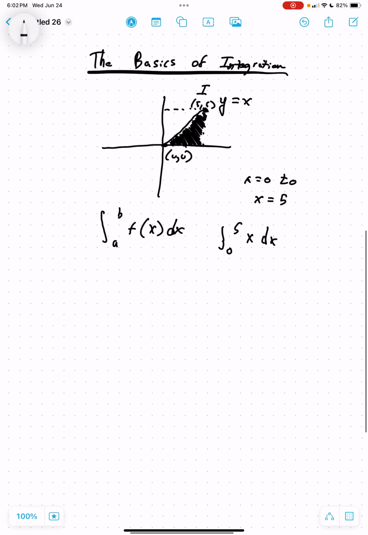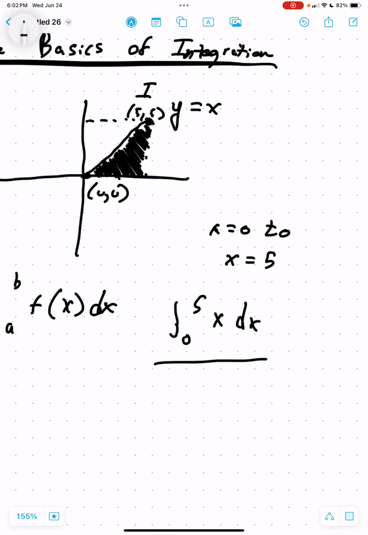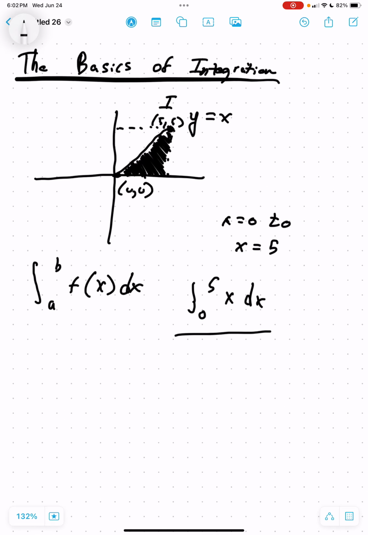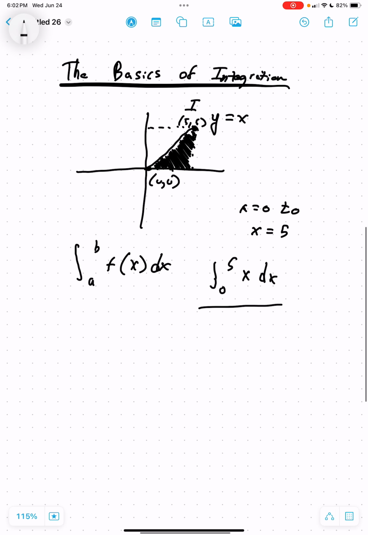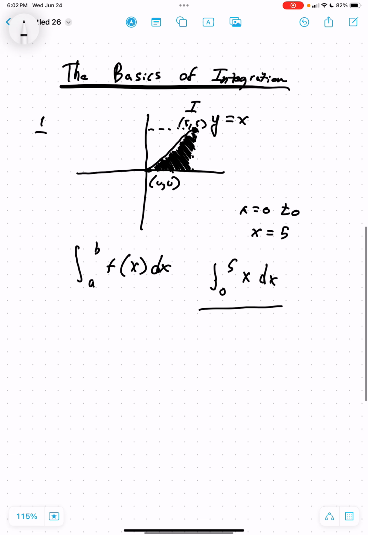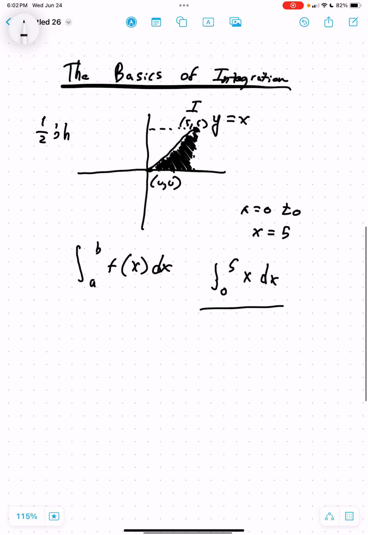Now, we'll learn how to evaluate this integral later, but this is what we think about when we think about integration. And how calculators solve integral problems is they evaluate tiny rectangles within the shape if it's a complex shape. So we know this is a triangle, so we could actually just use 1/2 base times height to evaluate the integral of this expression.